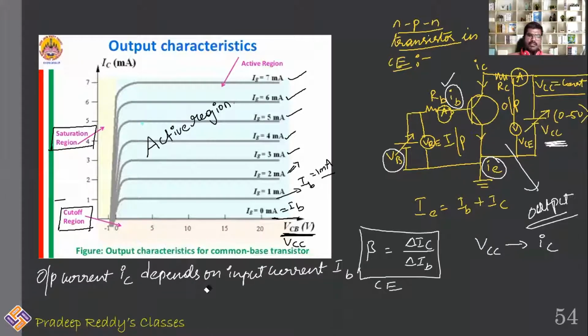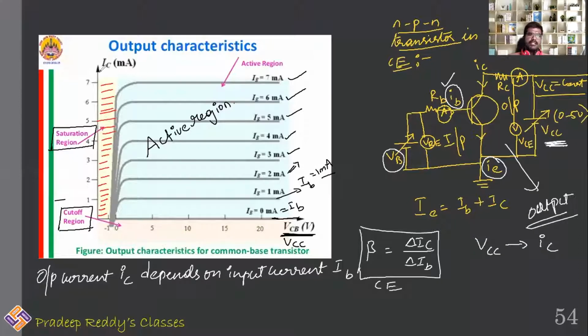If both the junctions are connected in forward bias, then only will you get such a graph in this saturation region. Here we are connecting the junction diodes in forward bias and reverse bias. First junction forward bias, second junction reverse bias. That's the reason why we have got no graph in this saturation region.